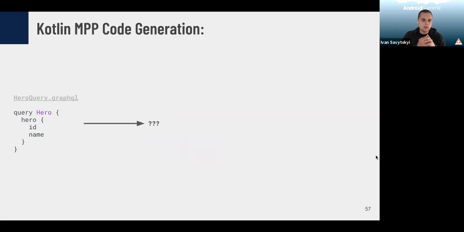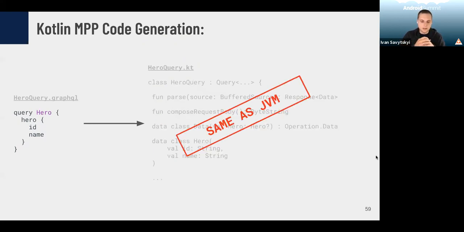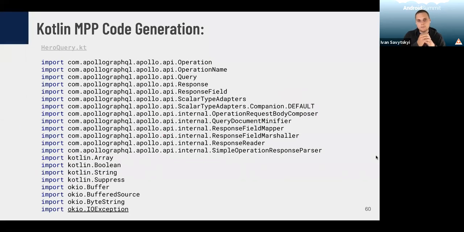So what it actually took us to make these changes to our code generation and make it generate the Kotlin native models. As you can see, this is the model that you can consume in Kotlin native projects and Kotlin multi-platform projects. It's the same as the JVM, and we were lucky here because, first of all, all the models that we generated are dependent on the API files, or supporting files.